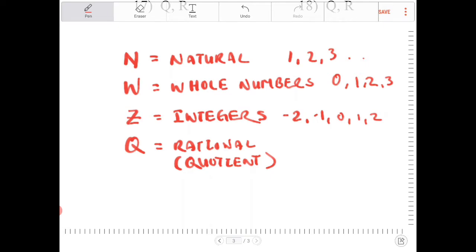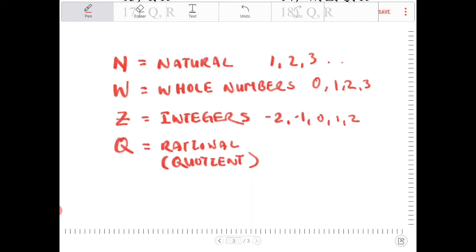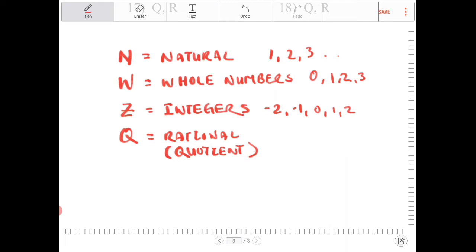So rational numbers can be thought of as quotients, and these are all numbers that have terminating decimals, or can be expressed as a fraction. And then we also have irrational, which is given by the letter I.